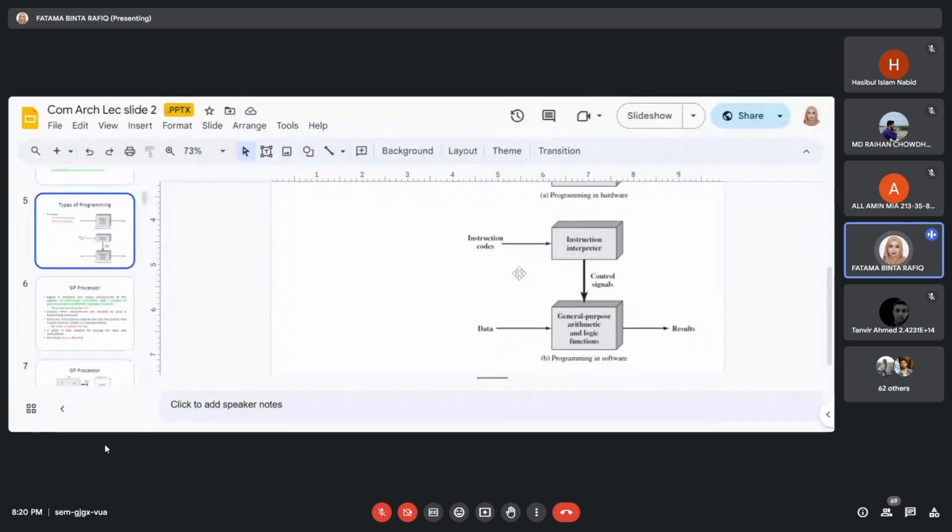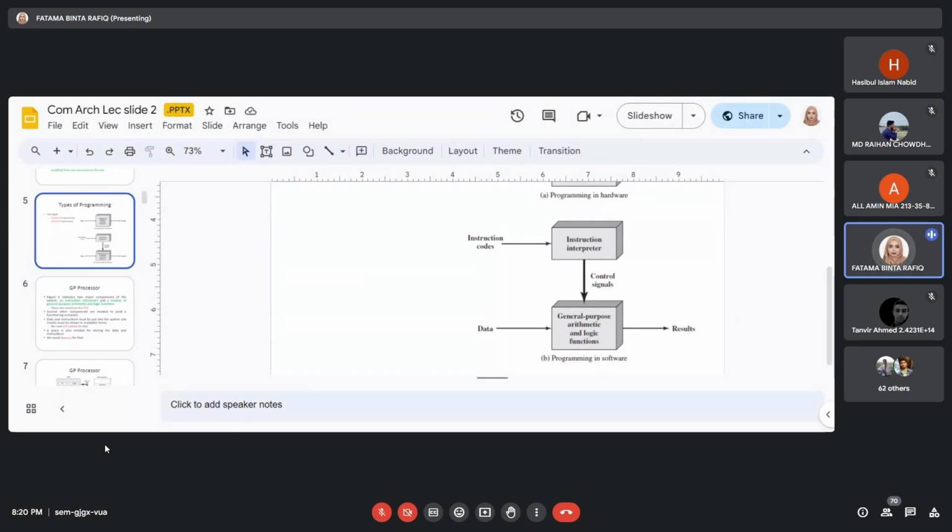The instruction will be given to the interpreter. Interpreter means it will find out the meaning of each line first. If it has any error, then you should solve that error, then the program will run. You cannot run a program with any error. That's the difference between hardware and software programming language.